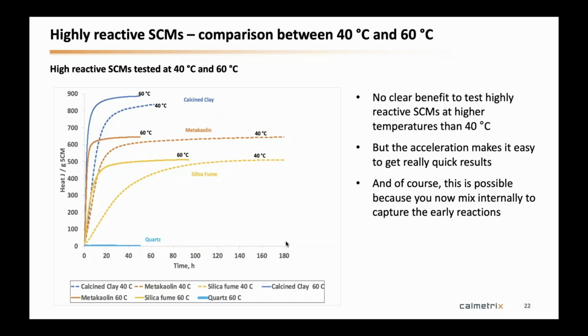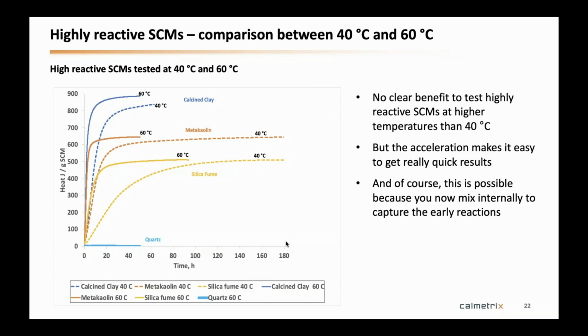for those calcined clay, metakaolin, and silica fume, after 36 to 40 hours, you're done. You can stop the test and do something else. You don't have to wait longer. You don't have to wait for 72 hours, let alone 168 hours. This acceleration is still useful even on highly reactive materials, because it gives you the same result much faster, right?